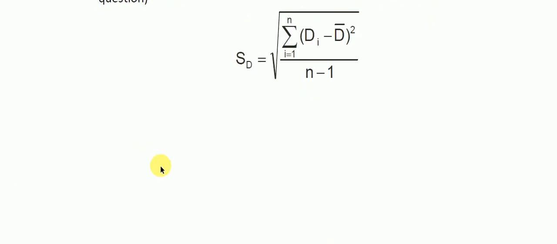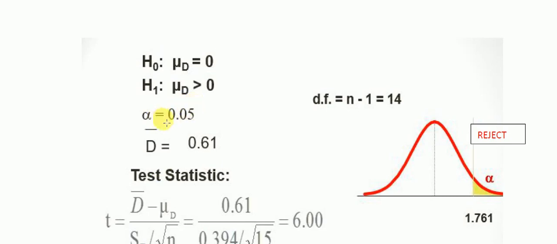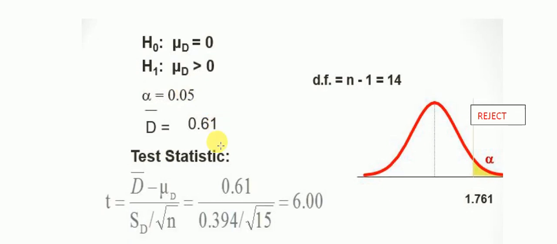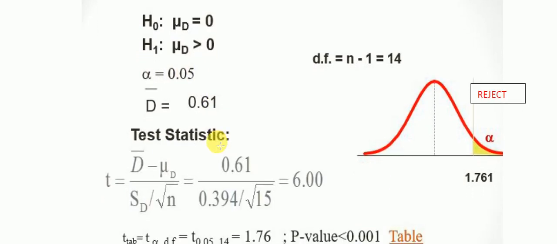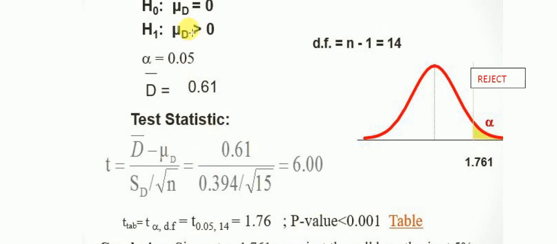Okay, so next, the alpha will be given in the question, which is 0.05. This is also called the level of significance. So let's see how we go about this question. So over here, D bar is 0.61. According to the null hypothesis, mu D should be 0.